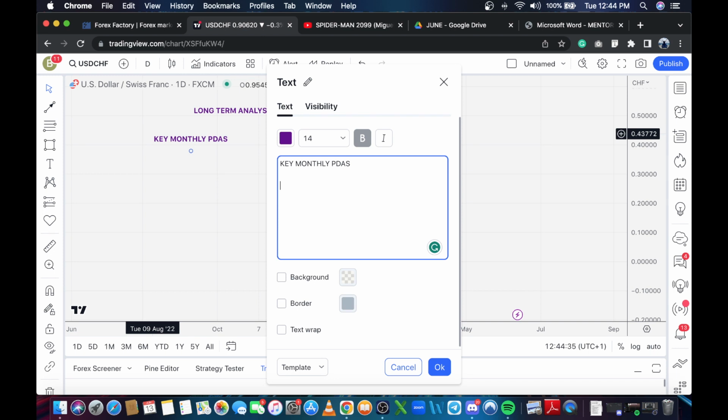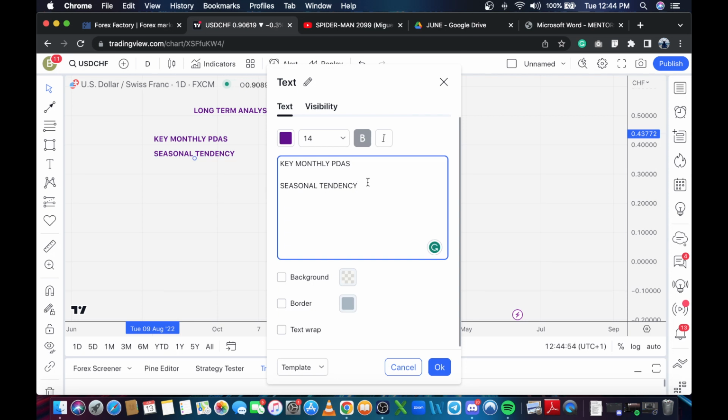What aids in this is our seasonal tendency. It's not a necessity, but it gives us a clue as to whether price is more likely to see a bullish macro or a bearish macro.